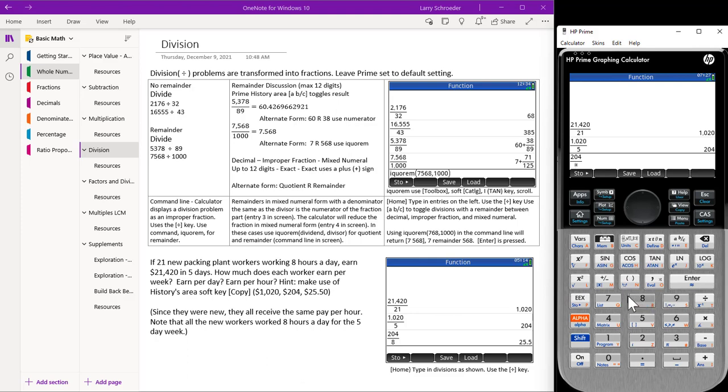Divide by 8, enter. 25.5. So our answers would be 1020, 204, and 25.5. This concludes our part 1 whole number algebra fundamentals video.